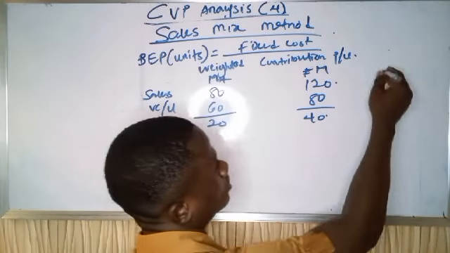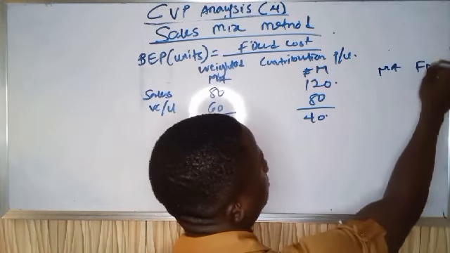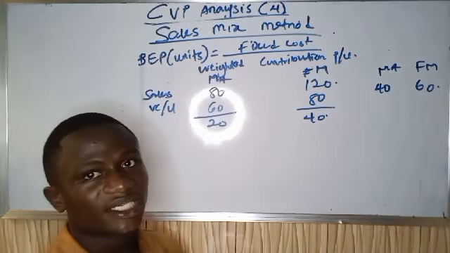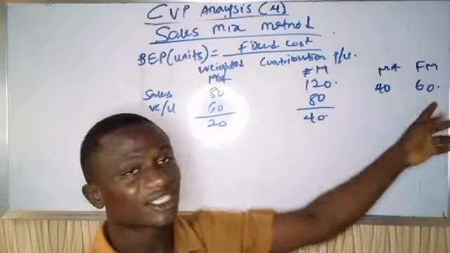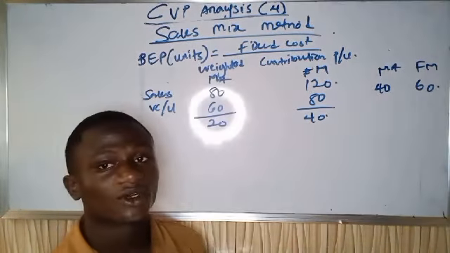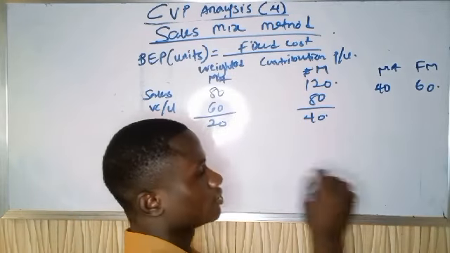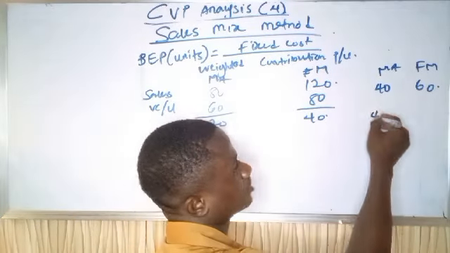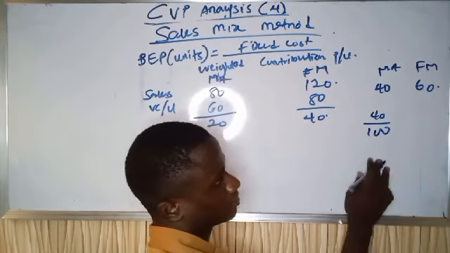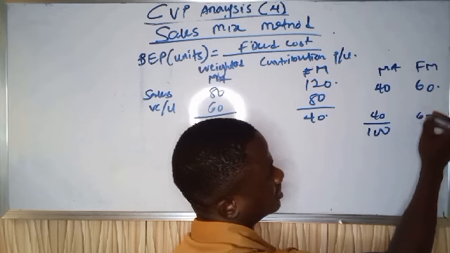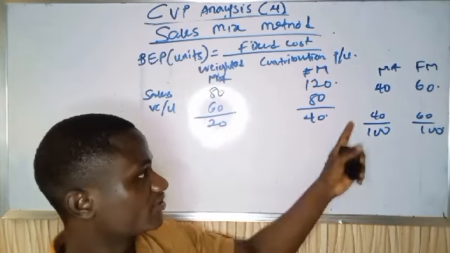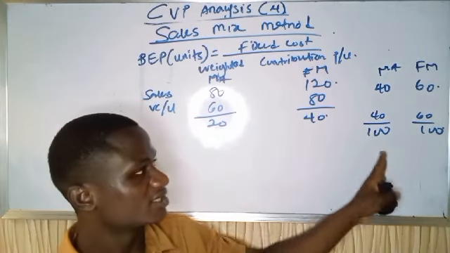If you convert 40,000 and 60,000, or 40 and 60, to fractions, that will be 40 divided by 40 plus 60, which is 100, and 60 divided by 100. You can express it in percentage by saying 40 divided by 100 times 100, so 40% and 60%.